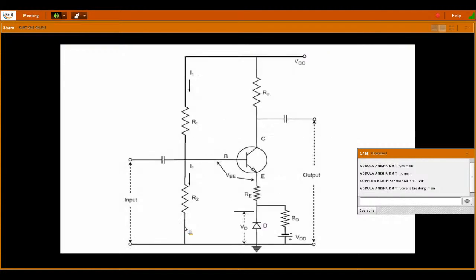Now in this one, in addition to the emitter resistor, in the earlier voltage divider biasing circuit we just had the emitter resistor at the emitter terminal, that's it. But to stabilize the variation in the VBE, we have to take a diode connected with the cathode at the emitter and anode to the ground, where the emitter is of N type, hence we connected the cathode to the emitter terminal and anode is connected to the ground.